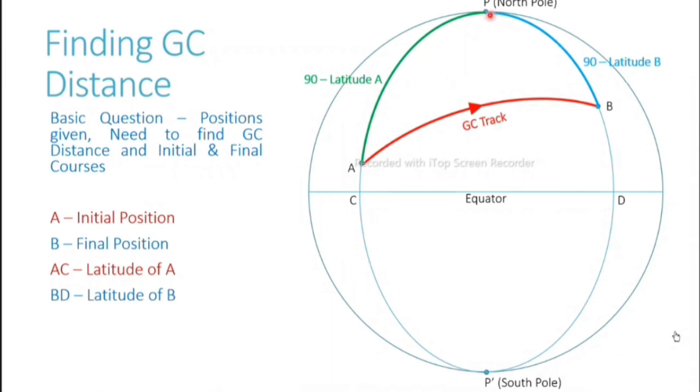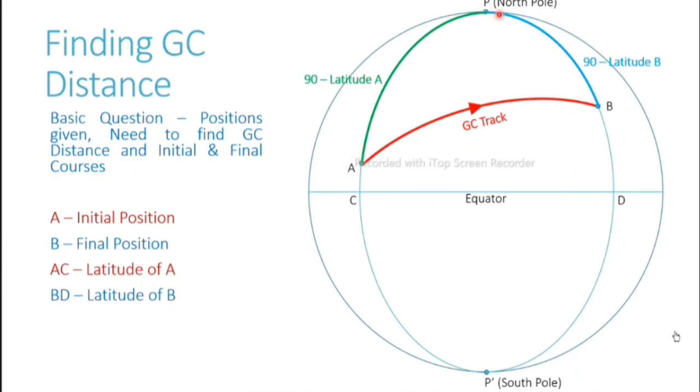Now, if you pay attention to this triangle which is formed on the earth, that is Papa, Alpha, Bravo. This particular triangle is formed on the surface of the earth, and all three sides of this triangle are arcs of great circles. Papa Alpha is the arc of the meridian of our initial position A, which is a great circle. Papa Bravo is again the arc of a meridian, which is the meridian of B, which is again a great circle.